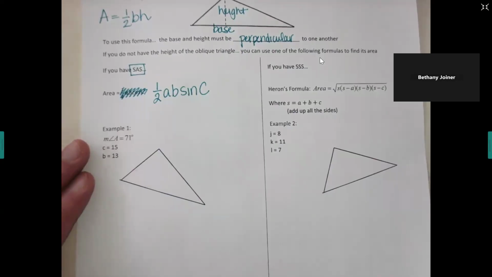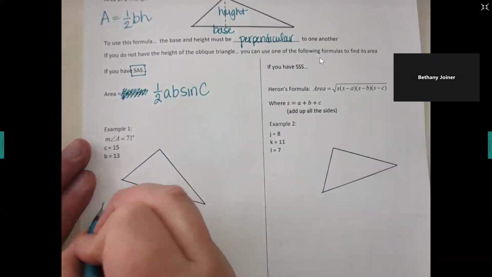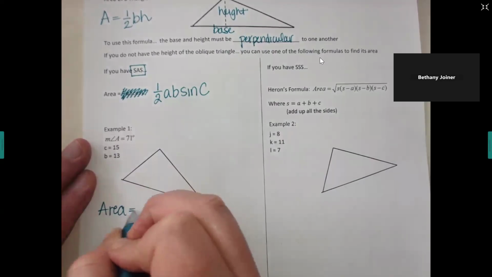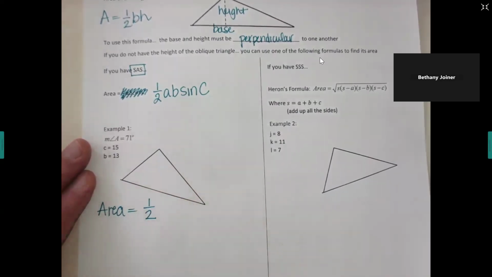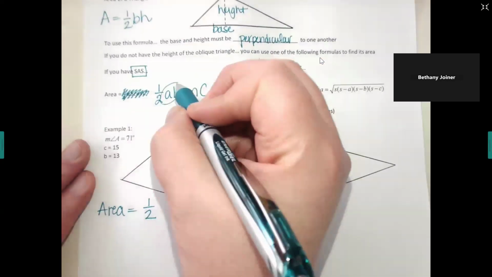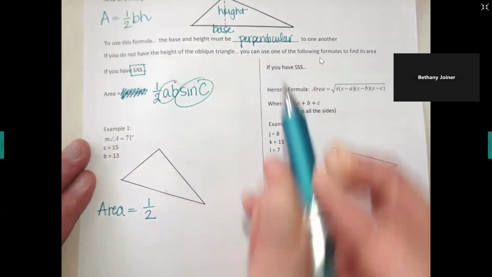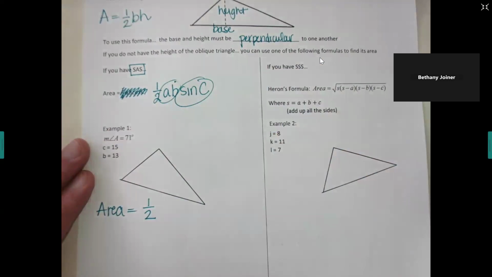So let's look at the example below. We have angle A is 71. Sides C is 15 and B is 13. Then you would put area equals 1/2. You're going to multiply the 2 sides that you have and then multiply times sine of the angle that you have.